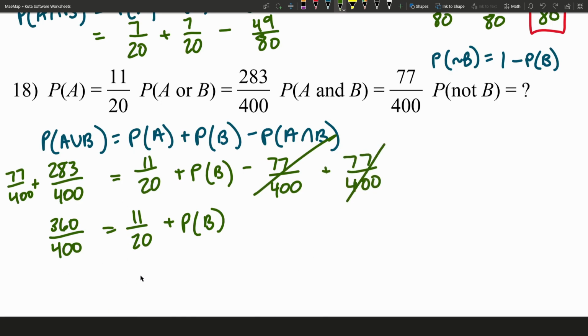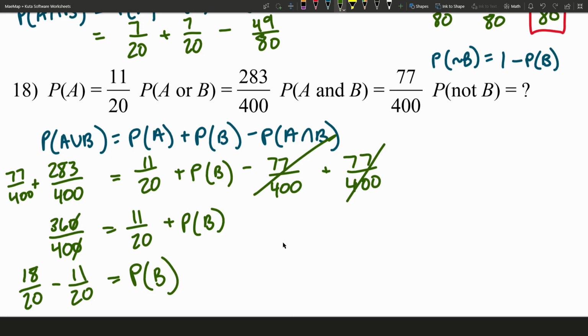Now I'm going to subtract 11/20. But before I do that, I can simplify this down now. Notice that both end in 0, so I can divide each by 10, and both are also even, so I can divide each by 2. So I have 18/20 as opposed to 360/400. And if I'm subtracting this 11/20, that's equal to the probability of B. 18 minus 11, got that common denominator, that's going to be 7/20.